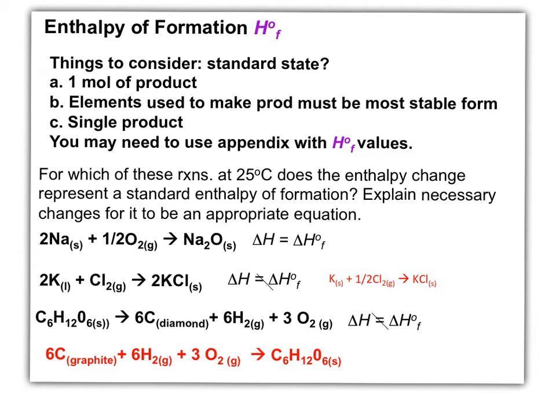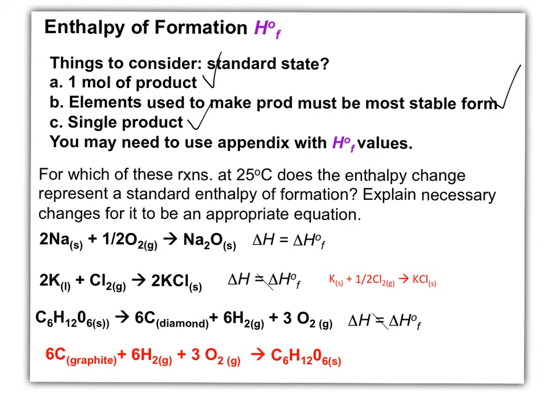First, in order for a reaction to be an enthalpy of formation representation, you have to have a single mole of product. The next thing you need is that elements used to make the product must be in their most stable form, and you must have a single product. So the quantity of your product, the number of products, as well as the elements utilized all dictate if the enthalpy of formation values can be utilized.